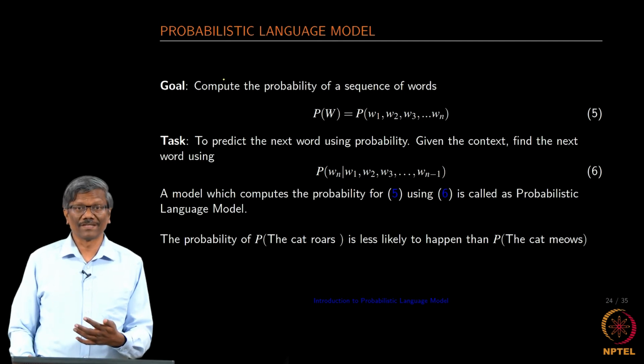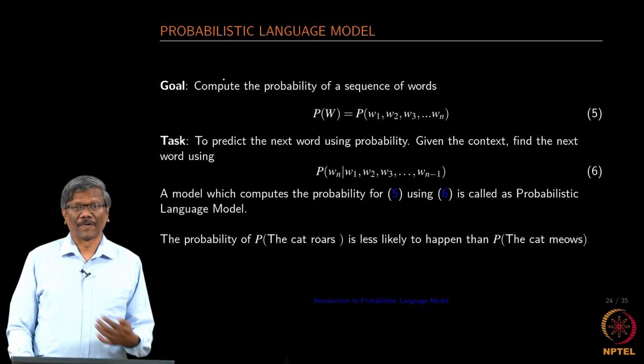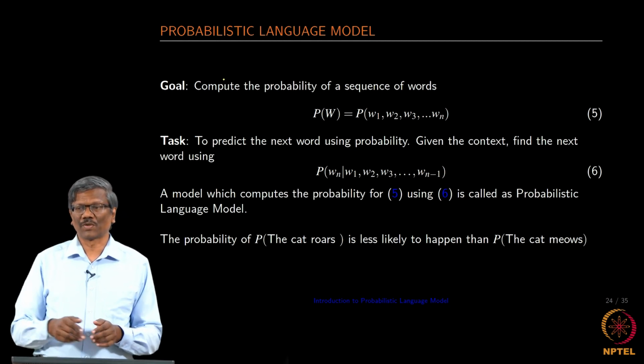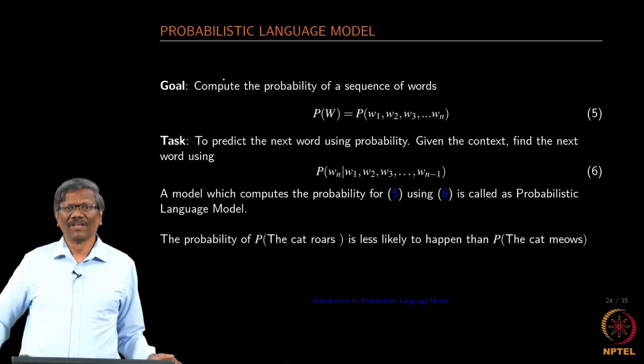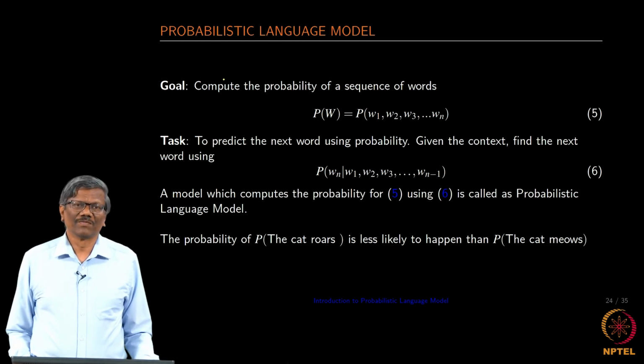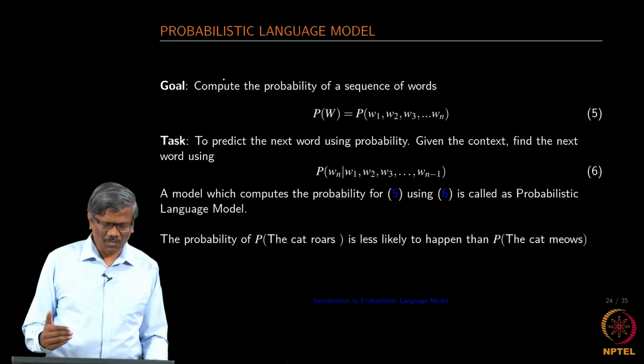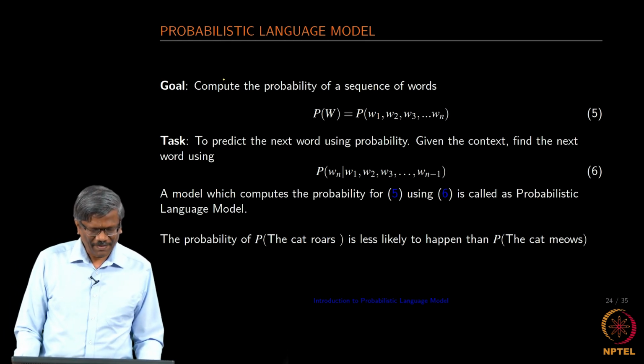So, in those cases we are going to fail. It is also impossible for us to use the entire history as the context in order to find the next word. So, let us move on to the definition here.